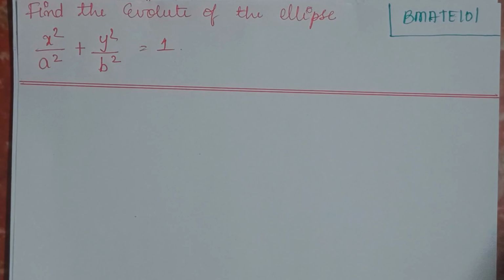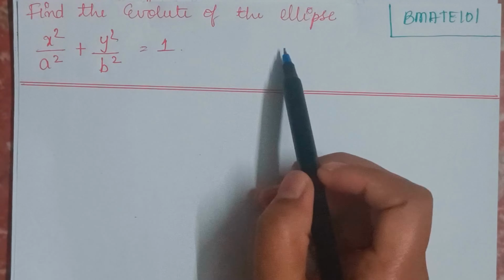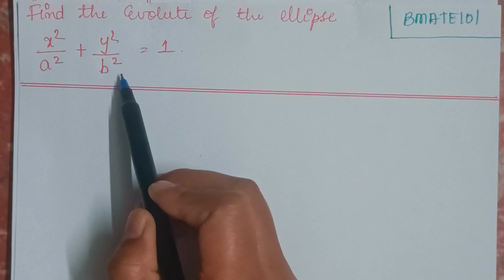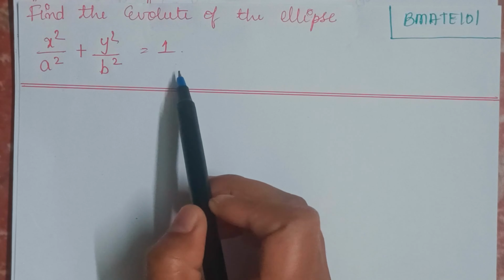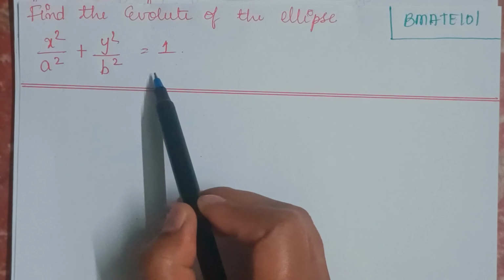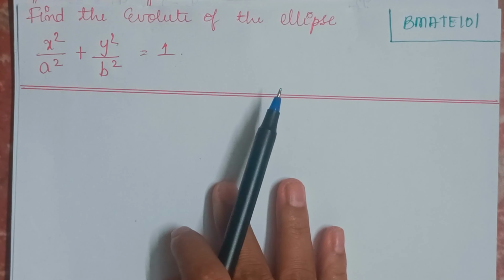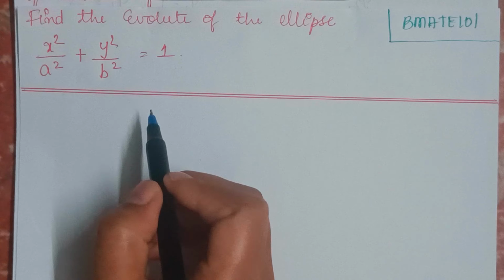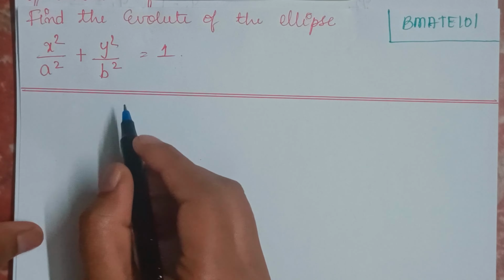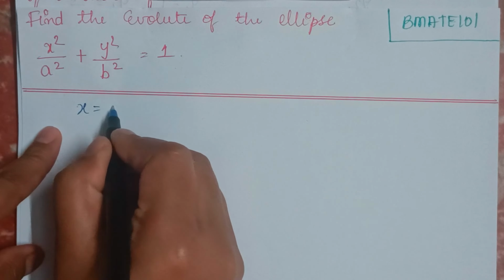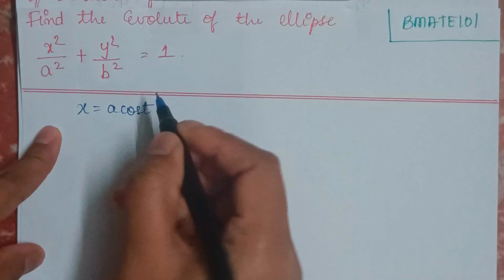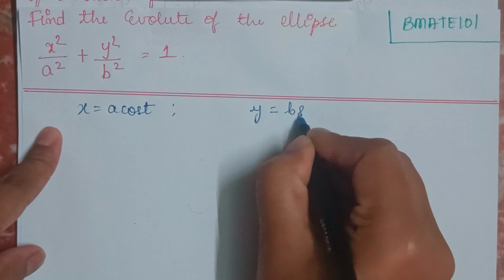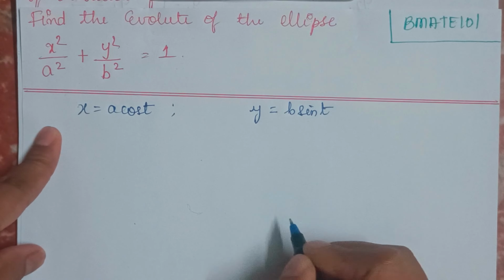In this video, we are going to find the evolute of the ellipse x square by a square plus y square by b square is equals to 1. So this is the Cartesian form of the ellipse, correct? And if you remember, the parametric form of ellipse is nothing but x is equals to a cos t and y is equals to b sine t, correct?